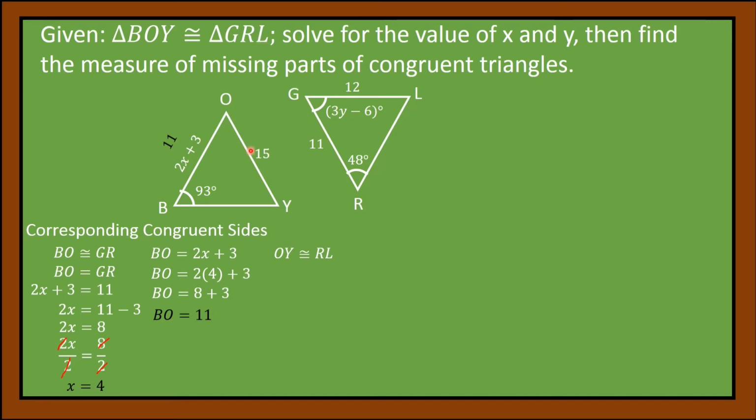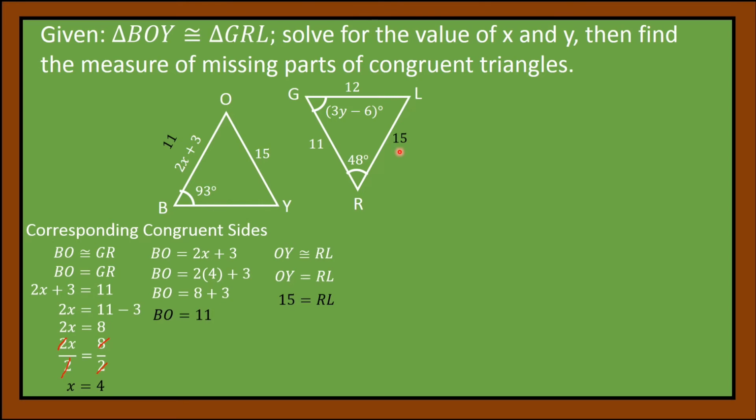So our OY is equal to 15 and side RL is missing. So it means that 15 is equal to side RL, or side RL is also equal to 15. So its measure is 15.